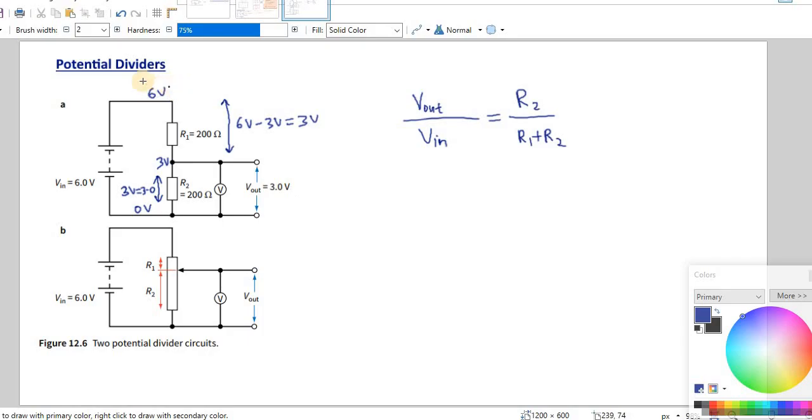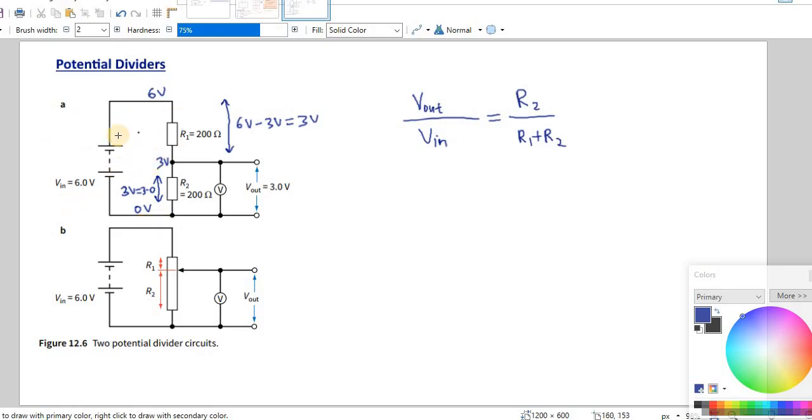Now if you look at this, here it is 6 volts, here it is 3 volts. So 6 minus 3 is 3. That's how we get the potential difference across this, which is 3 volts. Across R1 the potential difference is 3 volts, across R2 also it is 3 volts, and you can see this plus this should be equal to that, Kirchhoff's second law.